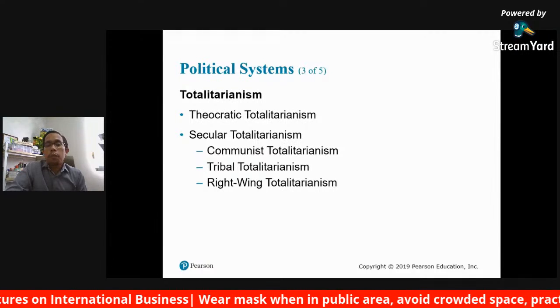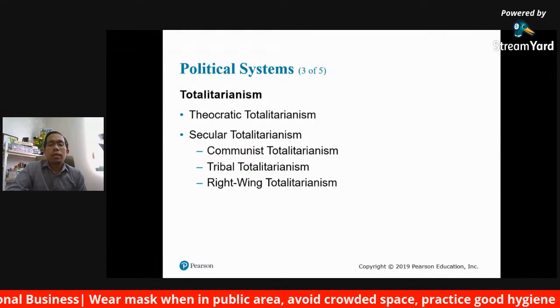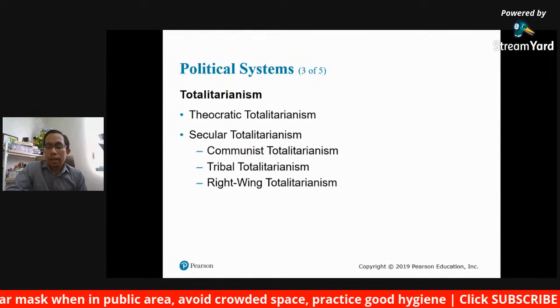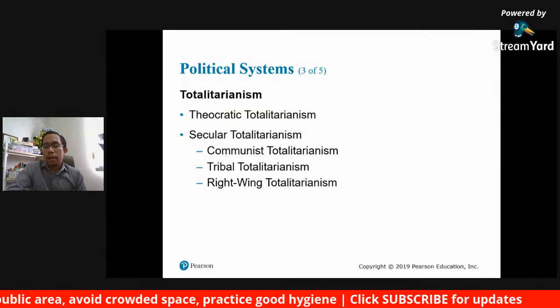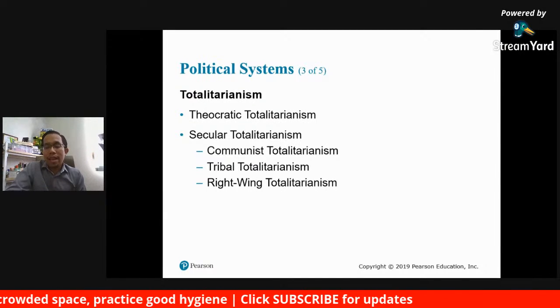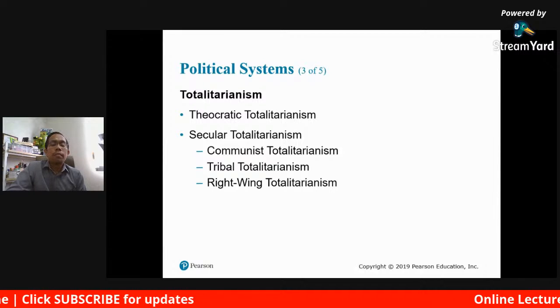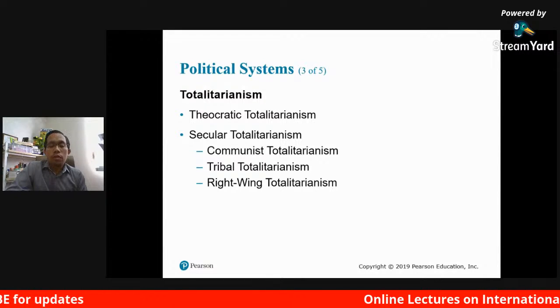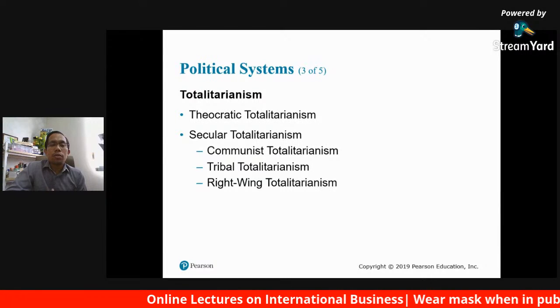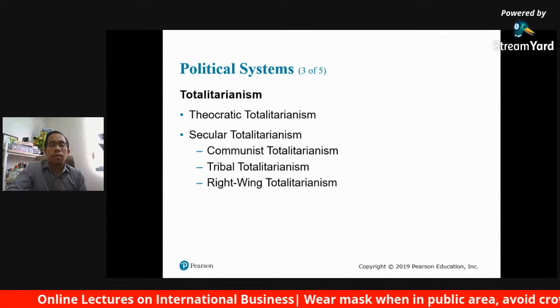The most popular example that we can comprehend is Iran. The Iranian government most likely practices theocratic totalitarianism.